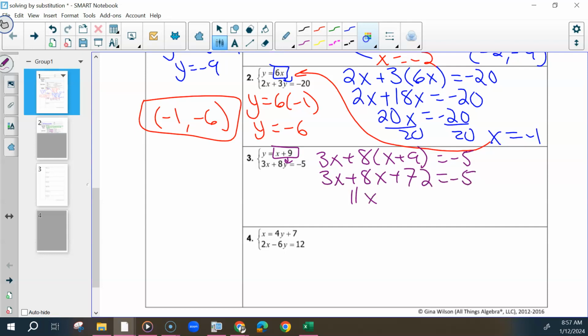When we combine our like terms, how would we solve this from here? Subtract 72 on both sides. So we have 11x equals negative 77. And then divide.